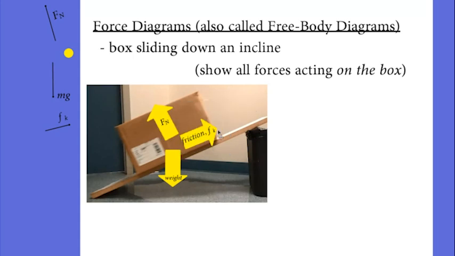And again, it opposes the sliding motion of the box. Down the ramp is the sliding, so up the ramp is the frictional force. And my force diagram that I would draw on my paper would look like this. There we go.